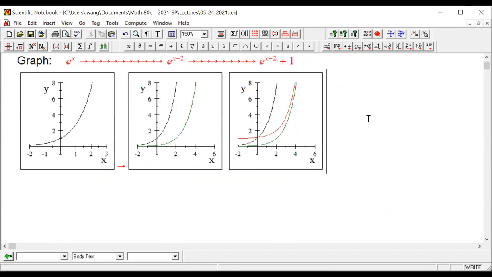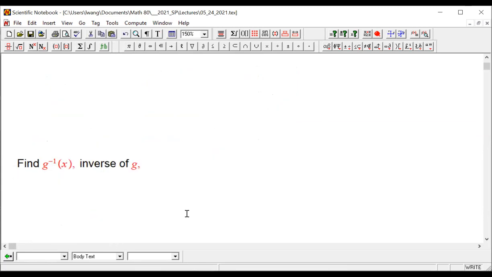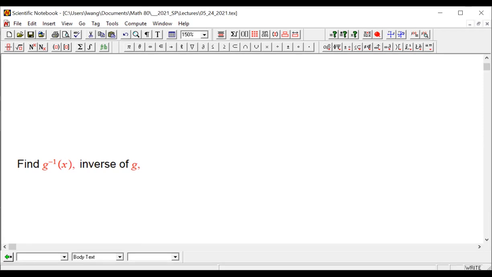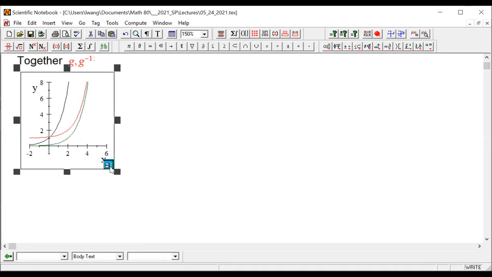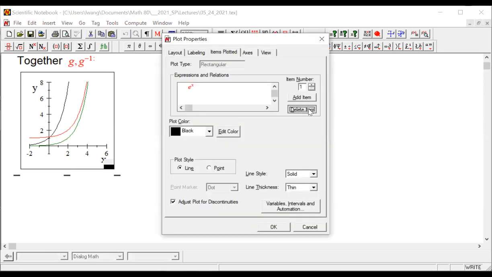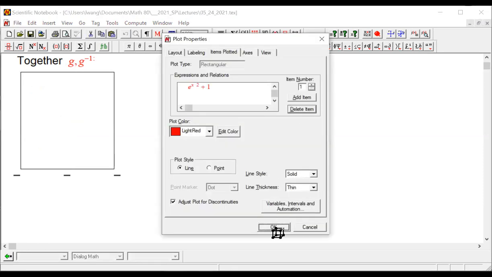When we put them together, G and G inverse. In that picture, we're going to get rid of some stuff, just keep things simple.